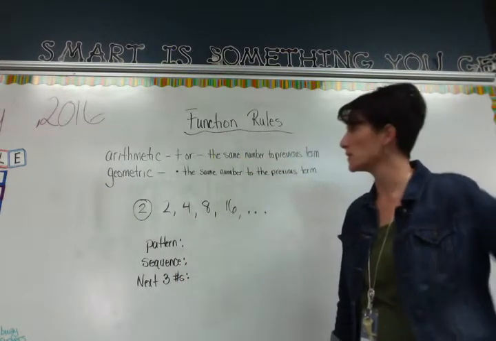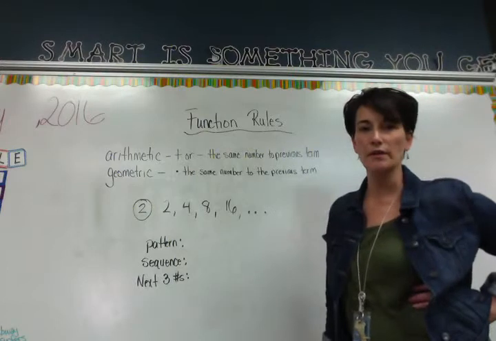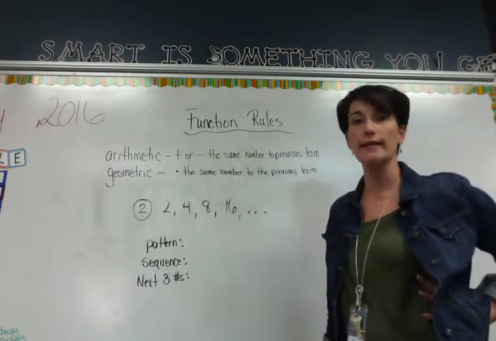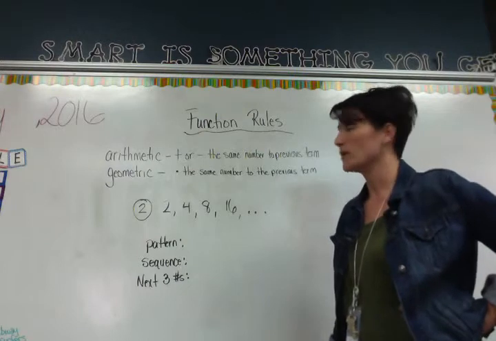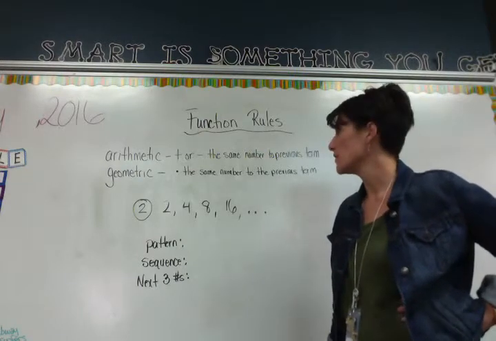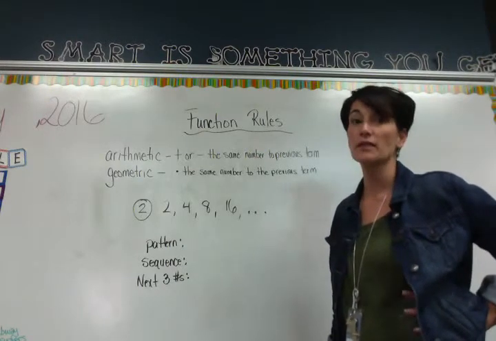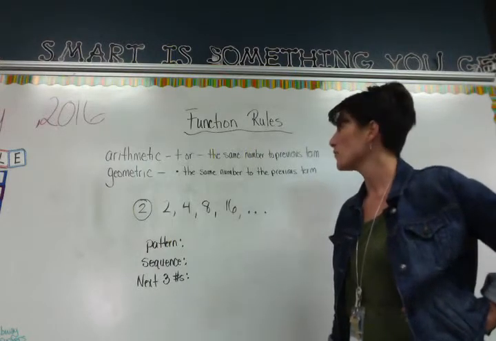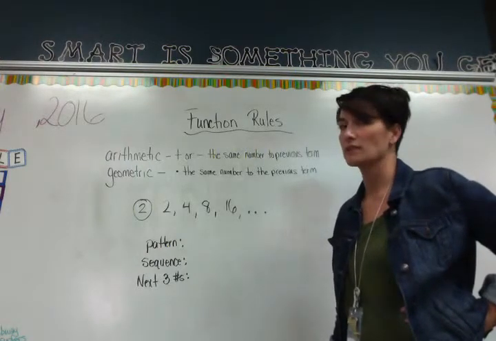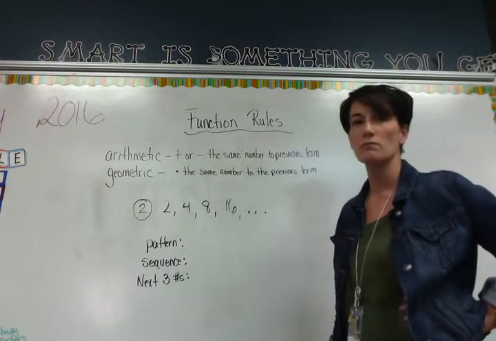Taking a look at these numbers, they are getting bigger, right? So I'm going to add or I'm going to multiply. What should we try? Let's try adding. 2 plus what number is 4? 2 plus 2, got it. 4 plus 2 is 6, not 8.